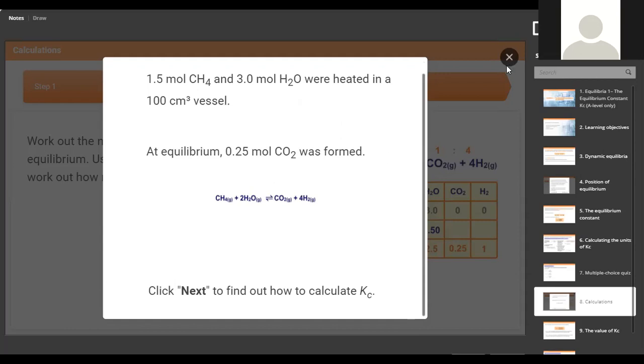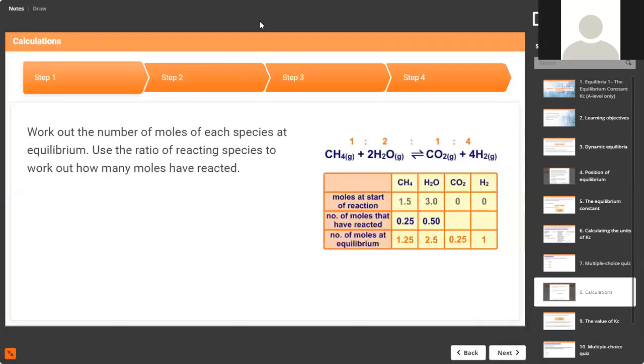So step 1, we are going to work out the number of moles of each species at equilibrium. And we're going to use our ratio of reacting species to work out how many moles have reacted. So we look at this and we go, okay, our ratios are going to be 1 to 2 to 1 to 4.